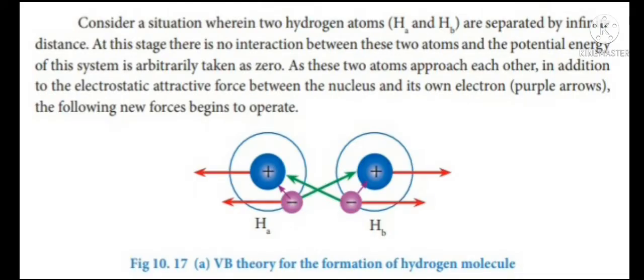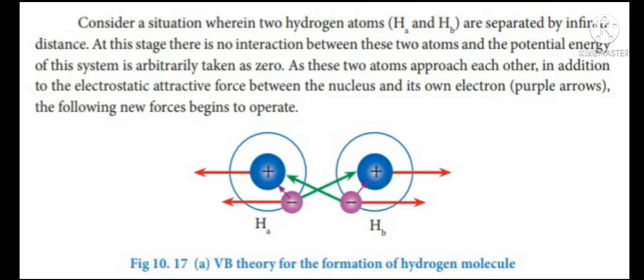Let us consider two hydrogen atoms, namely hydrogen atom A and hydrogen atom B, represented as HA and HB. Here, these two hydrogen atoms are separated by infinite distance. There should be no interaction between them.